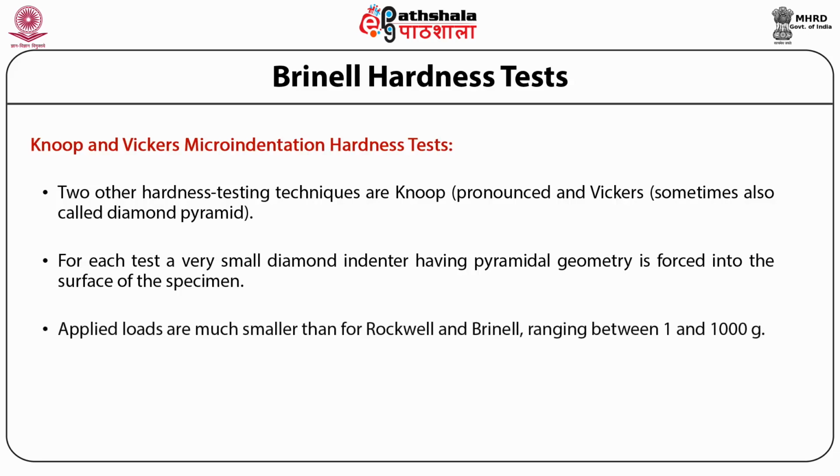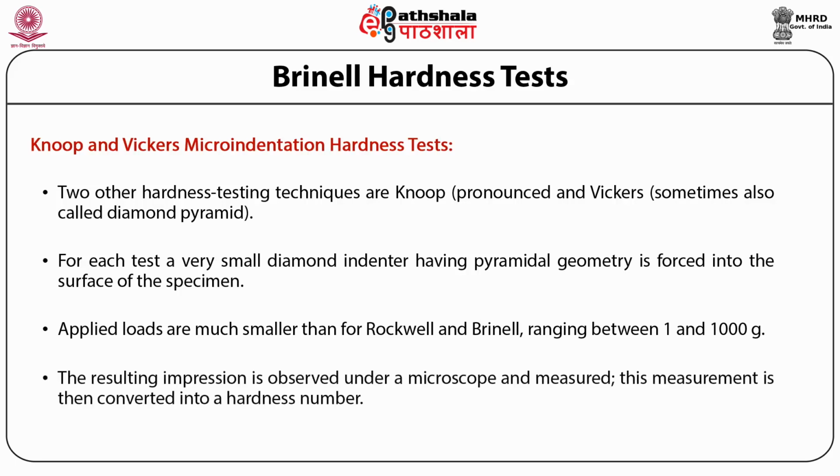Applied loads are much smaller than for Rockwell and Brinell, ranging between 1 and 1000 grams. The resulting impression is observed under a microscope and measured. This measurement is then converted into a hardness number.